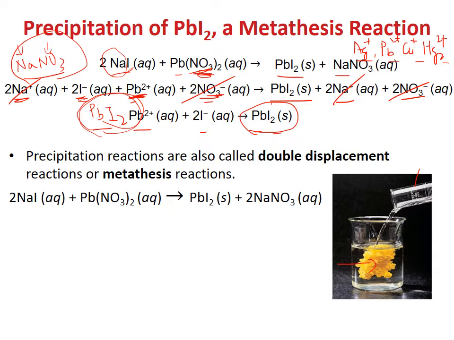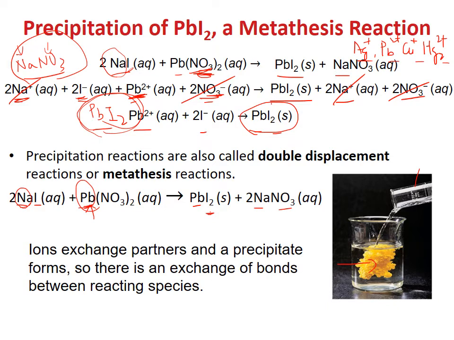In this reaction, for sodium iodide, you can consider sodium is displaced by lead to form lead iodide. And for lead nitrate, lead is displaced by sodium and becomes sodium nitrate, and therefore it's a double displacement reaction. So in this double displacement reaction, ions exchange partners and a precipitate forms, and there's an exchange of bonds between reacting species.